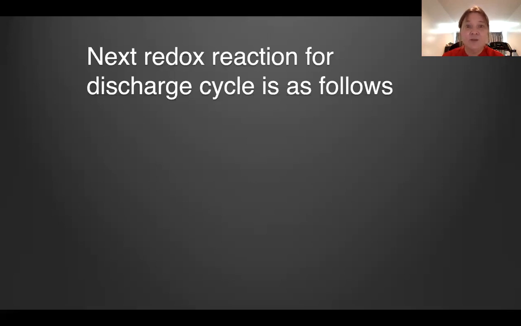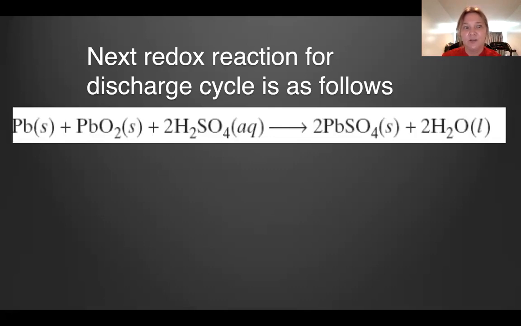The next redox reaction for the discharge cycle is as follows. So this is how the energy is discharged from the battery. You have the lead plus the lead oxide plus the sulfuric acid forming the lead sulfate plus the water. That's the whole redox reaction together.